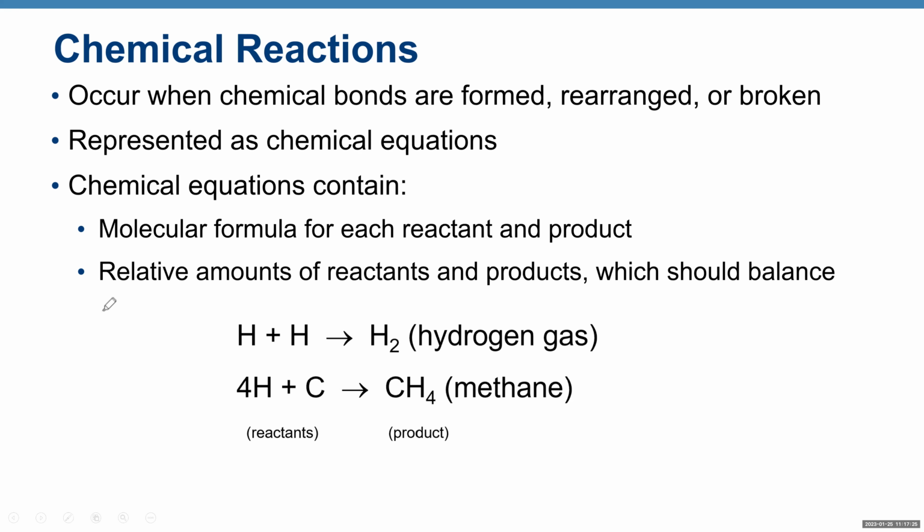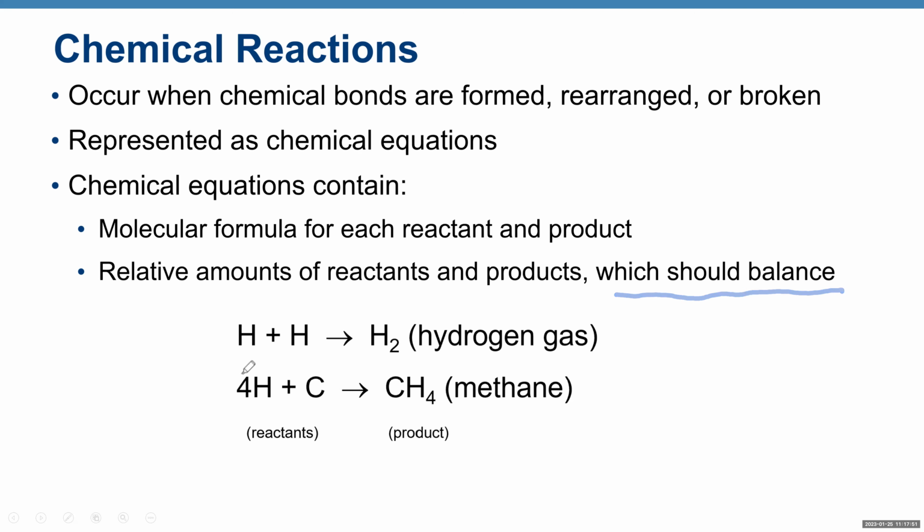Now, chemical reactions occur when chemical bonds are formed, rearranged, or broken. They are represented as chemical equations. A chemical equation contains the molecular formula for each reactant and product, and the relative amounts of reactants and products should be balanced.